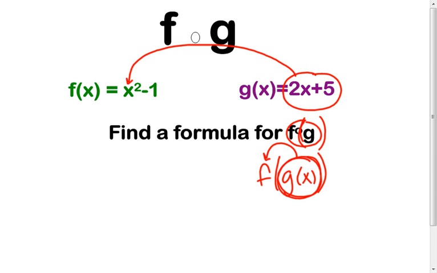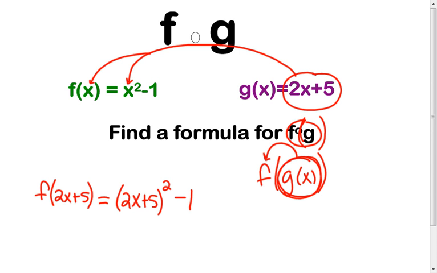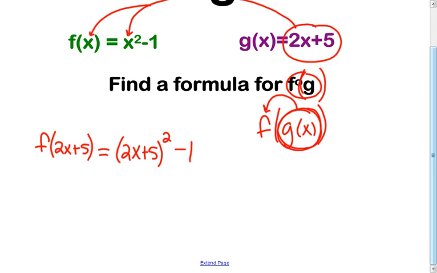Okay, so what this is really asking you to do is F of 2x plus 5 equals (2x plus 5) squared minus 1. Then you get to simplify this a little bit. Remember that (2x plus 5) squared is not 4x squared plus 25.